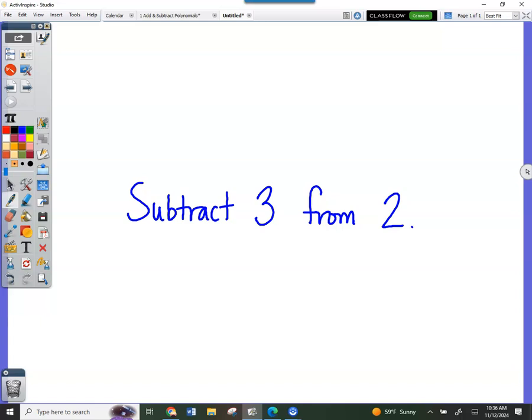Remember, order matters when you're subtracting. So red means wrong here. A lot of people say subtract, I see 3, I see 2, so they do 3 minus 2. No, it's not 3 minus 2 times 1. It's saying subtract 3 off of 2, which means you start with 2, you subtract 3, and you end up with -1. So you need to be careful on Delta Math when it says subtract this from that.